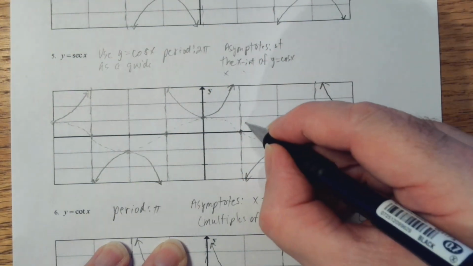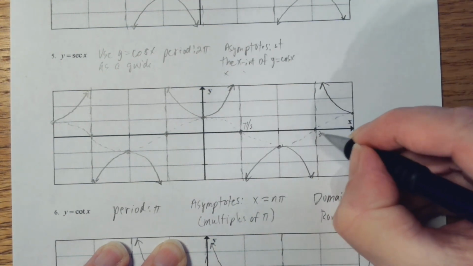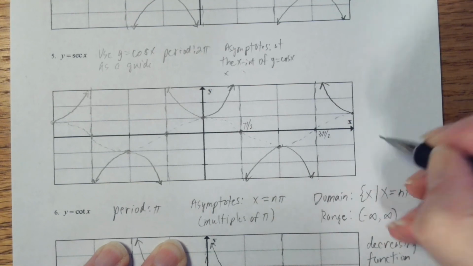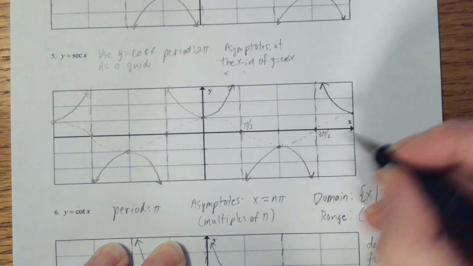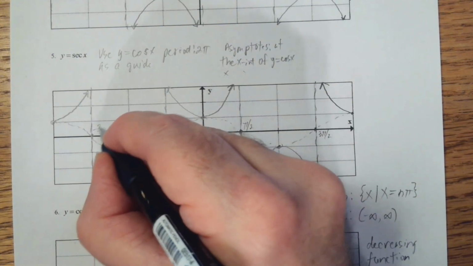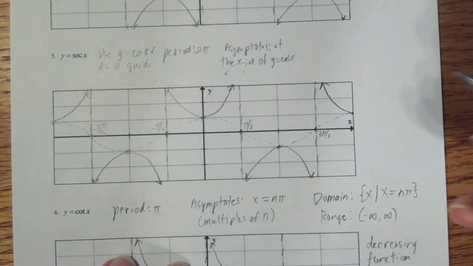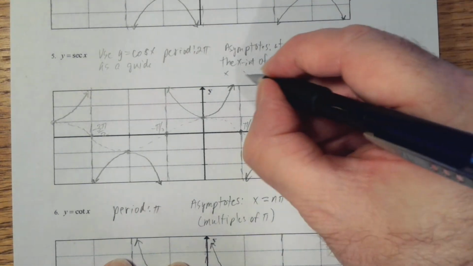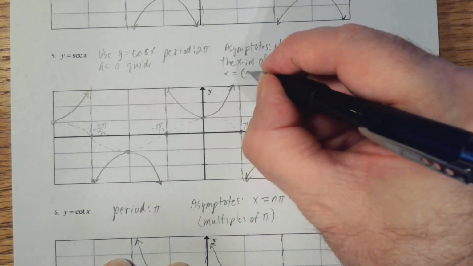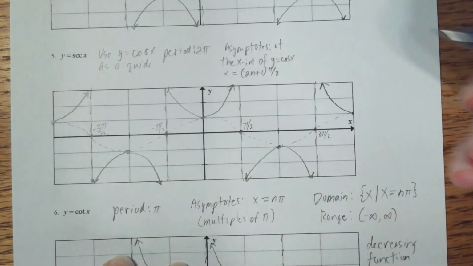Now, they happen to actually happen at pi over 2. This would be 3 pi over 2. Remember, this is 2 pi here, minus pi over 2 here, and minus 3 pi over 2. So again, it's those odd multiples of pi over 2. And so we would say x is at 2n plus 1 times pi over 2.